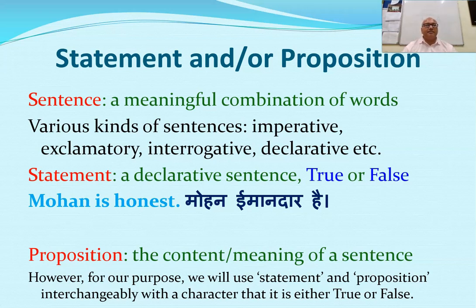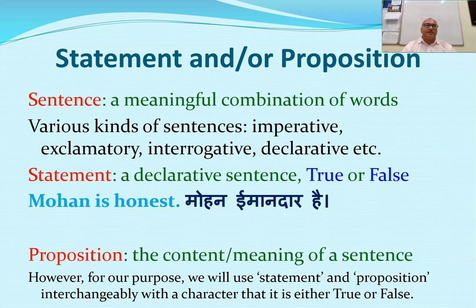Consider, for example, we say Mohan is honest. Assume Mohan is a person whom you know, and if you find that the person is really honest, then the assertion related to that person, Mohan is honest, is true. And suppose you say Mohan is honest, but in actual life Mohan is not honest.